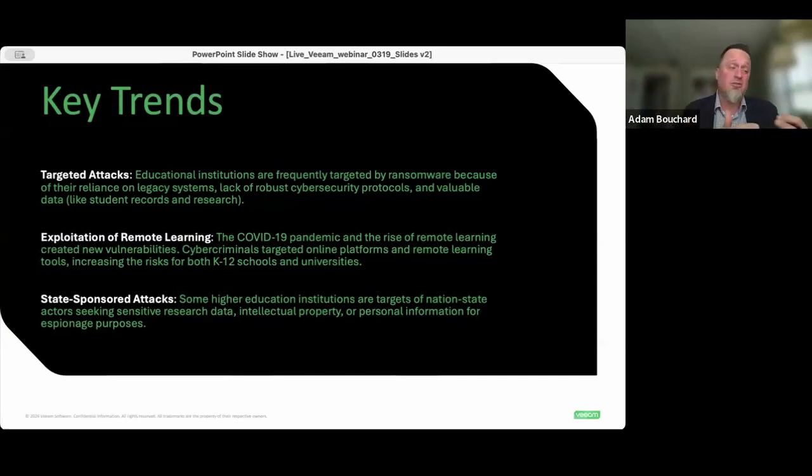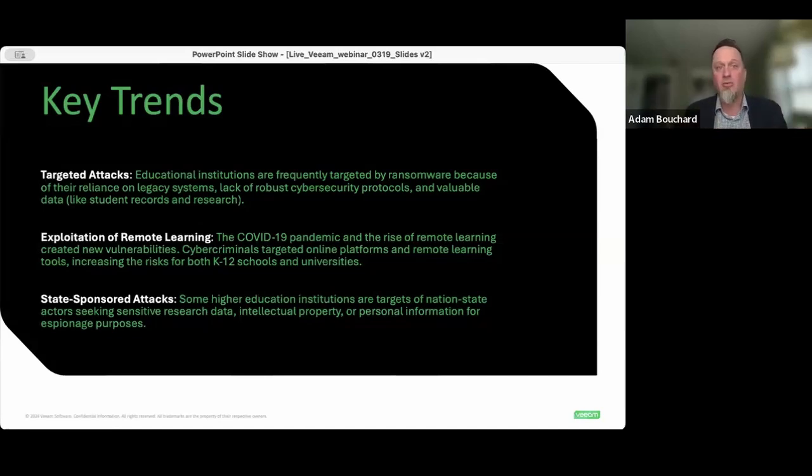Think about that. Students, faculty, staff seeing a very urgent email from a professor or from an executive in the university, if you will. Those targeted attacks are humongous. You touched on that with COVID-19 coming around and the exploitation of remote learning, right?